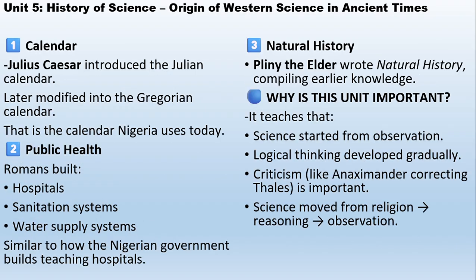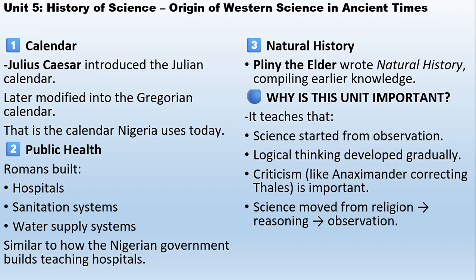So for the Roman period now, I said they were more interested in war, politics, and administration, but they also contributed to science. They did their own part and made it more advanced. The first contribution they made was to the calendar. Julius Caesar was the one that introduced the Julian calendar.